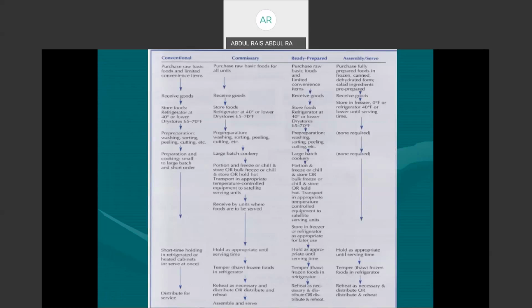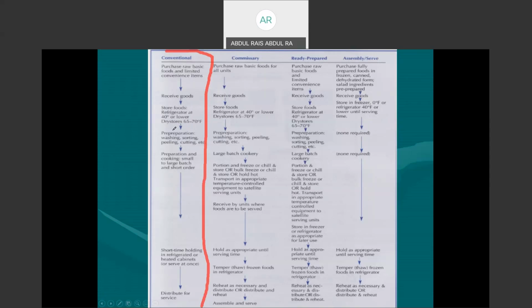Okay. So this is basically the outline of the food production. Look at conventional first. So what does it start with? It starts with the process of raw basic food and limited convenience items. They place the order, receive the ingredients, and store the food in a refrigerator at 40 degrees Fahrenheit or lower, dry store between 65 to 70 Fahrenheit.